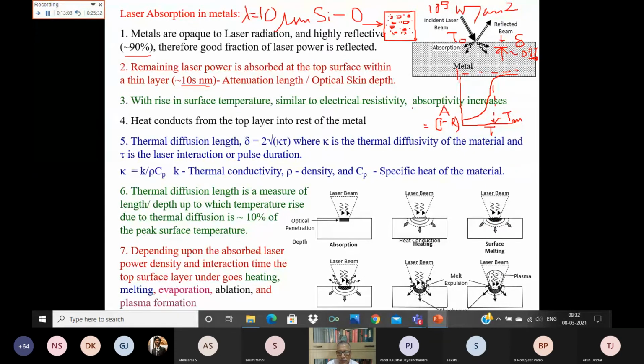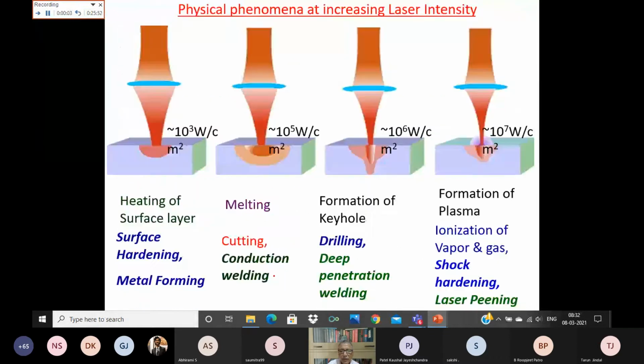So depending upon the absorbed laser power density and interaction time, the top surface layer undergoes heating, melting, evaporation, ablation, and plasma formation. Okay, so all these things can take place. Now, exploiting these effects, you can get different characteristics, different material processing done.